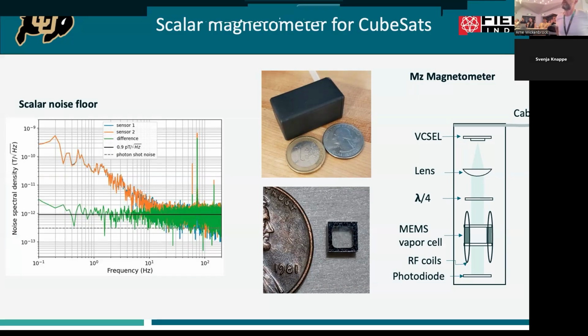In this case, we put it inside a magnetic shield and put 2 of these sensors inside. We can also do it outside shields in the lab, but we always put 2 just to make sure it's not just the ambient field that is fluctuating. So we're measuring the difference between the 2.